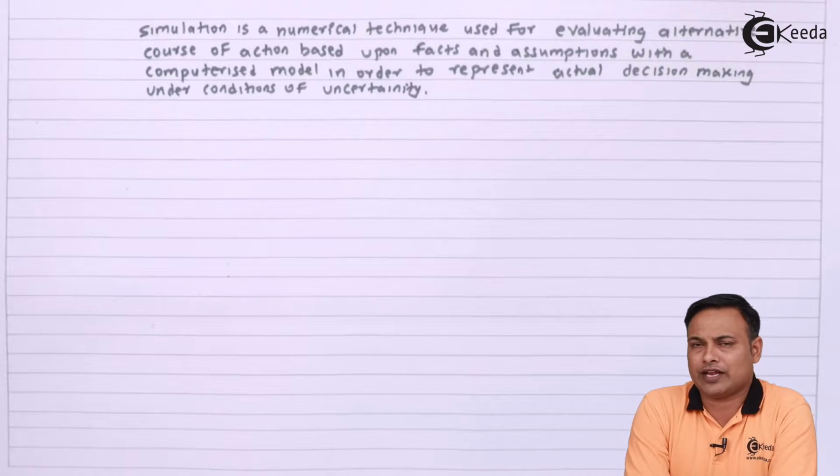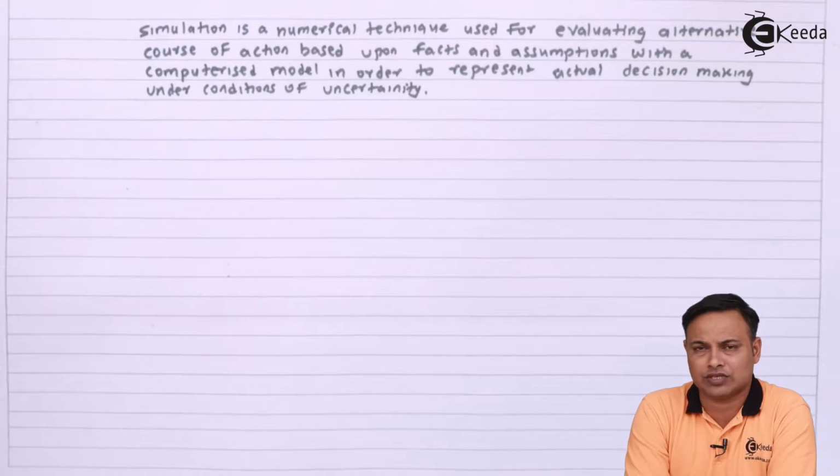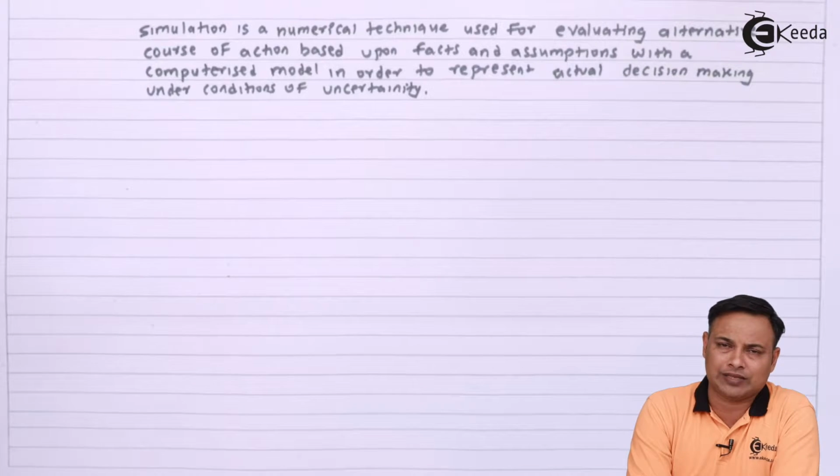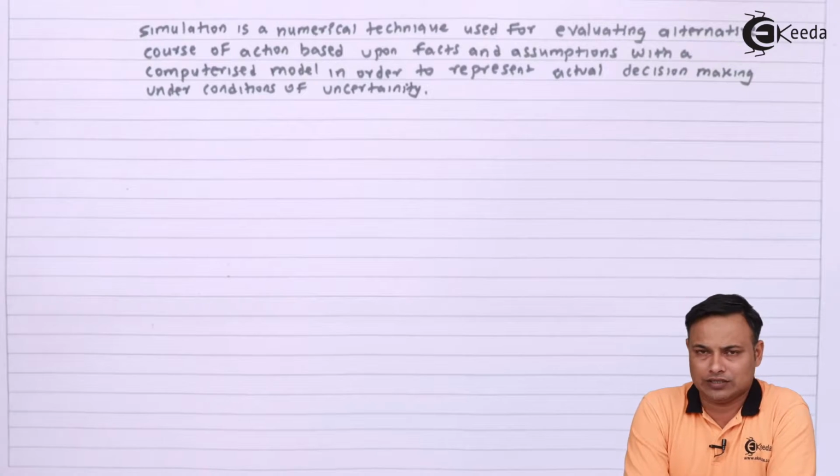In all such scenarios, we can use a simulation based on facts as well as certain assumptions, and ultimately it is a mathematical model which can be used to work out the things realistically.